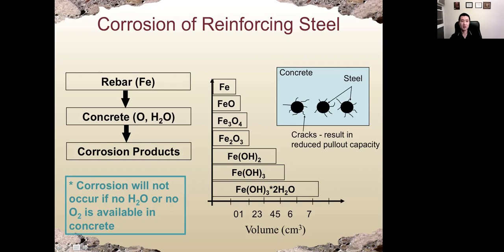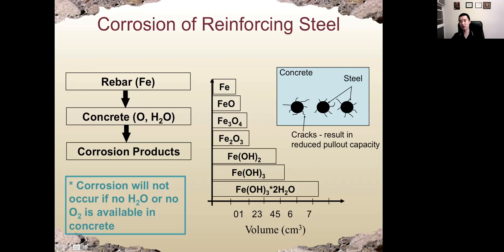Here shows the rebar, pure steel. In concrete, we need to have oxygen and also water, so we could have corrosion products. There are different types of oxides and hydroxides of Fe, and we can see the volume expansion can increase up to more than 7 times.